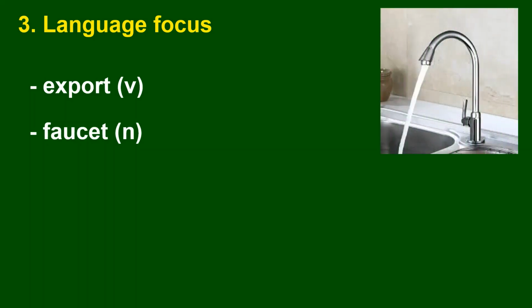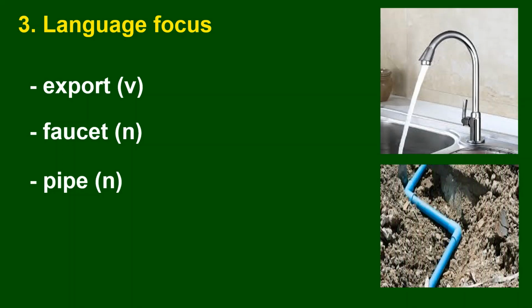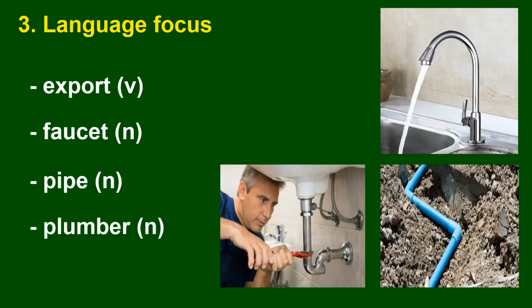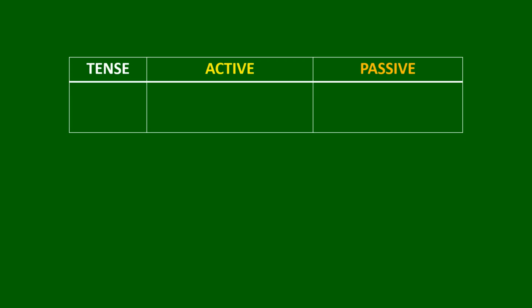Look at the picture, and this is a faucet. Pipe. And here is the picture of a pipe. Okay, and the last, plumber. And this is the picture of a plumber. So I think you've got the meaning of these 4 words already.